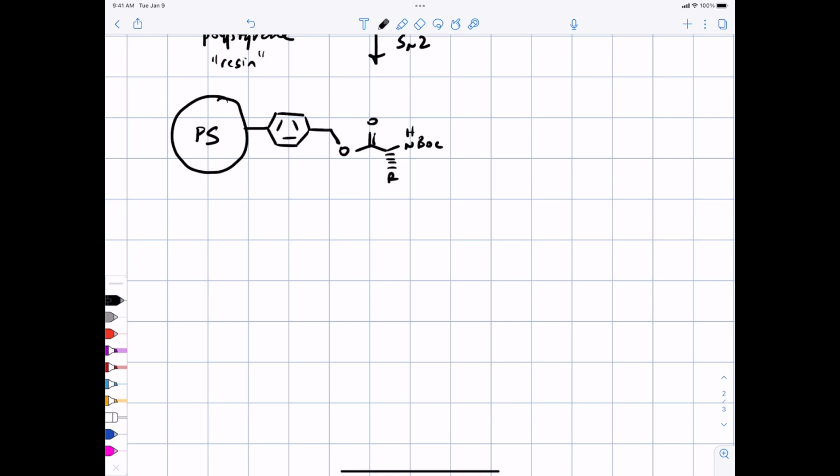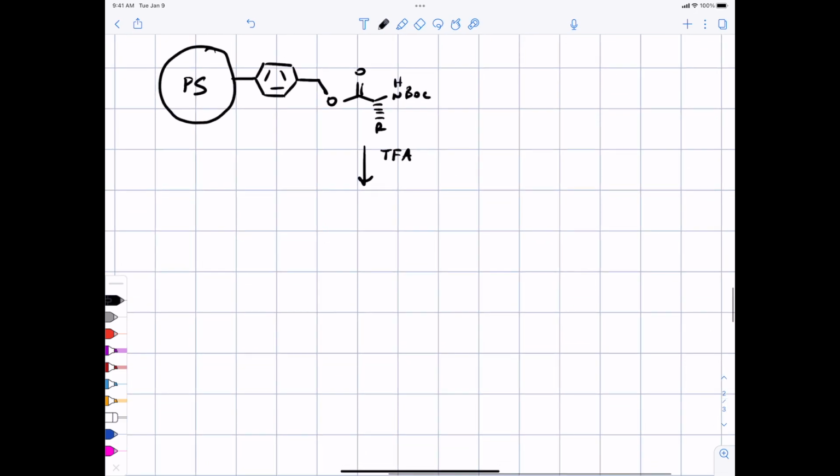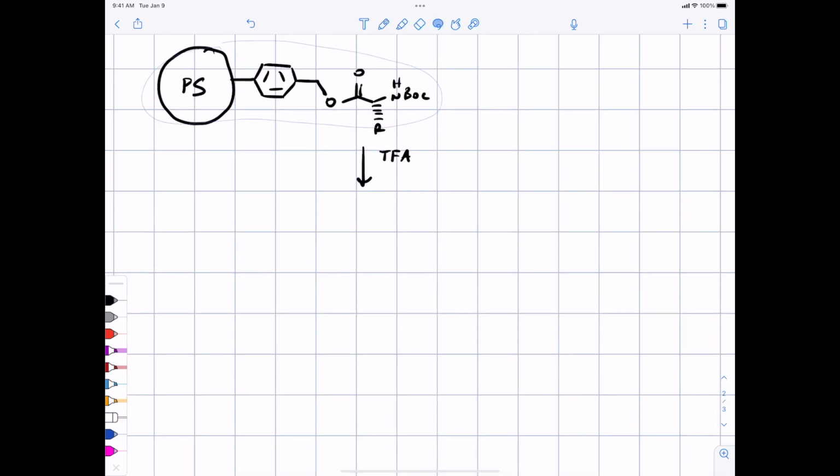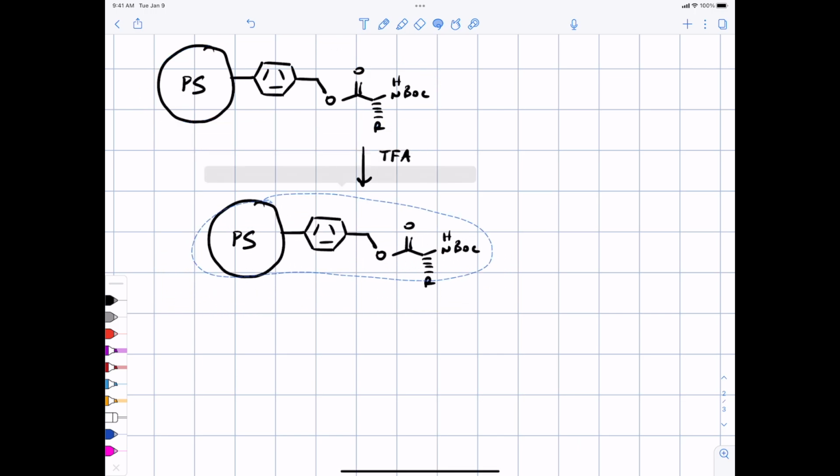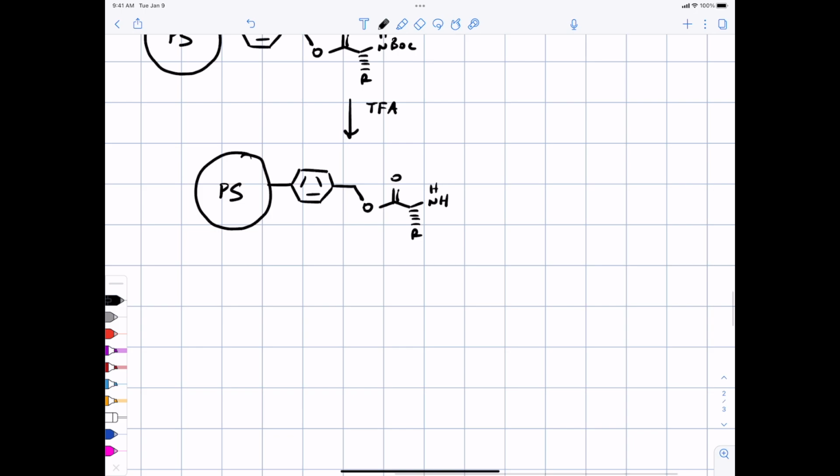So for example, I can use TFA, trifluoroacetic acid. TFA alone is enough. There's usually a little bit of water there. I can use trifluoroacetic acid to deprotect my amino acid, thereby unleashing the amino group.